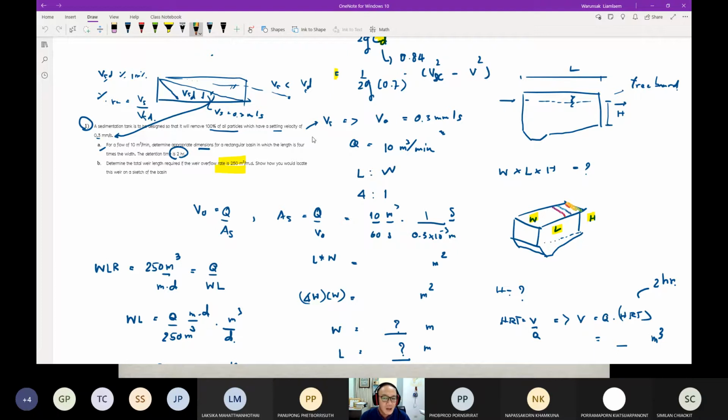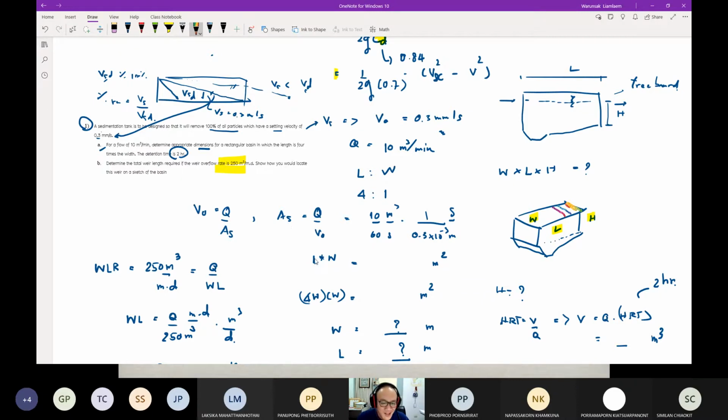From this criterion, it gives the overflow velocity. So according to this criterion, we will be able to find out the surface area, as the surface area is equal to Q divided by VO. In fact, the overflow rate is equal to Q divided by AS. So just rearrange this equation and substitute all the values into it. Then you can find the surface area.